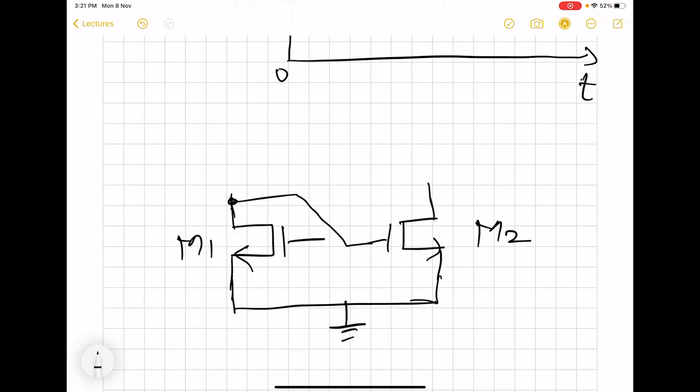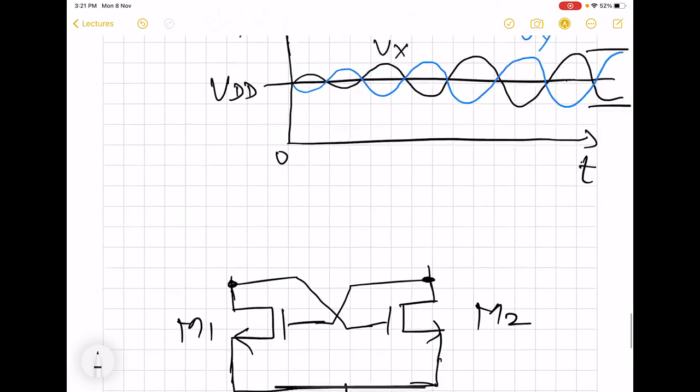The drain of the first is connected in this way, and the drain of the second MOS, which is V3, is fed back to the gate of the first. So now you can see that there is a cross coupling, one feeding the other, feeding the first one, and that is why this is called a cross-coupled architecture.